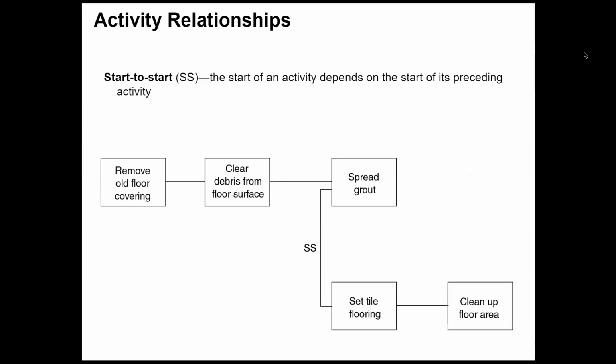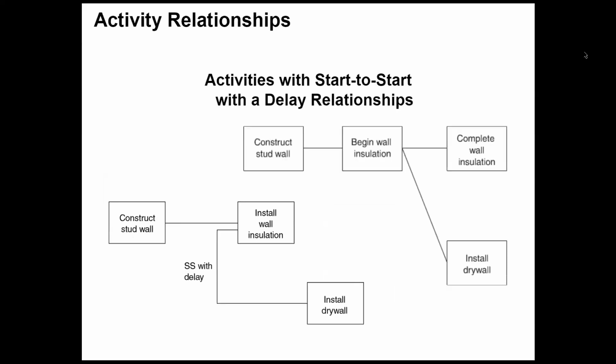So start to start, as I mentioned earlier, you have your spread footing and your set the steel forms starting at the same time, right? The start to start may also have something called a delay. We will do it later, but we can see an example over here. Construction starts and you begin your wall installation, followed by installing the drywall and completing the wall installation, right?